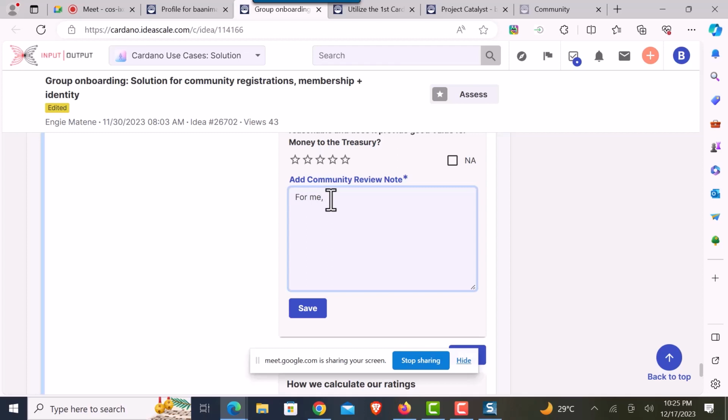For me, I think that the cost of the project is okay, considering the fact that it requires the services of maybe developers and also the budget.